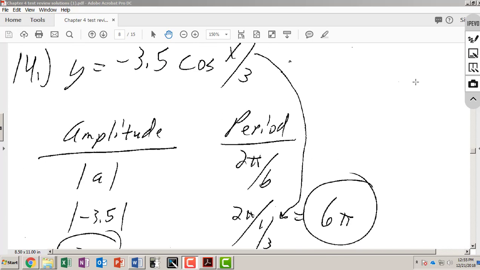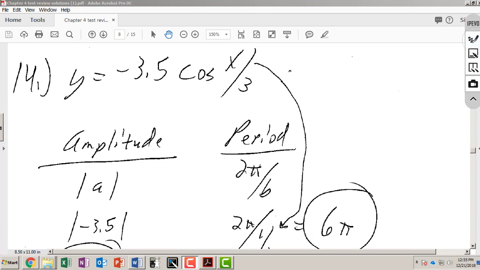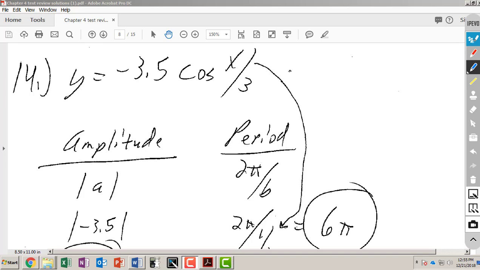Now the other thing it wants us to do is find the period. On a normal graph, a period is the time it takes for something to repeat itself. In this case, a normal period is 2 pi. This graph right here, if I rewrite it, has a coefficient of 1/3, so this is going a third as fast as a normal cosine graph.